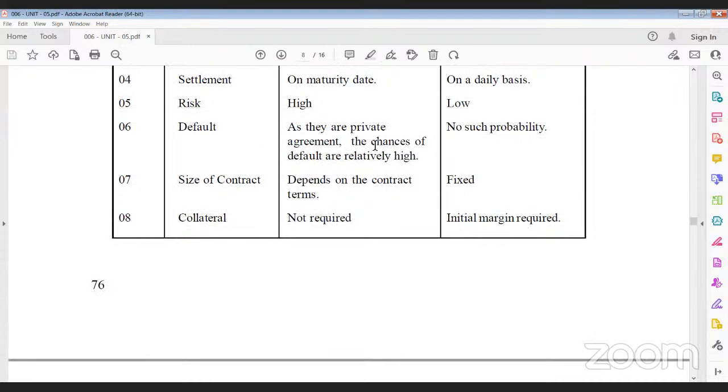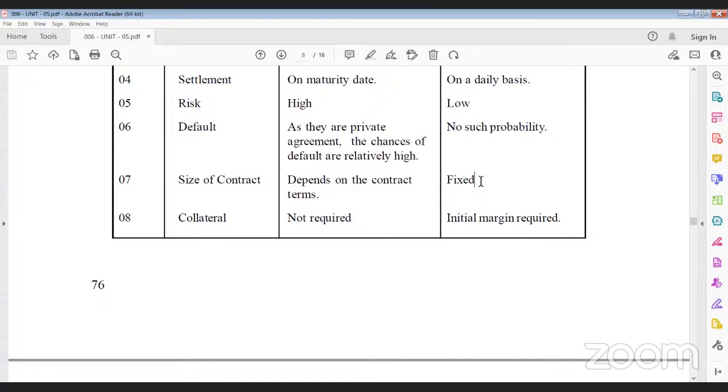Default, as there are private agreements, the chance of default is relatively high. But futures are traded on NSE and BSE, so there is no scope for such default risk. Now, size, it depends on the term, long term, short term.